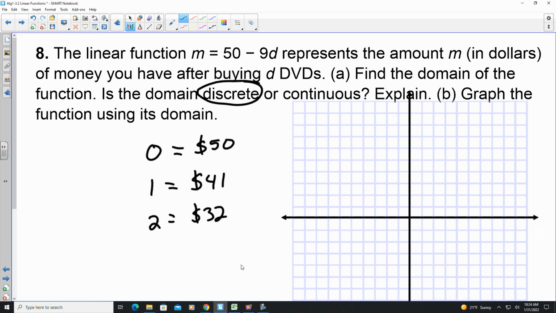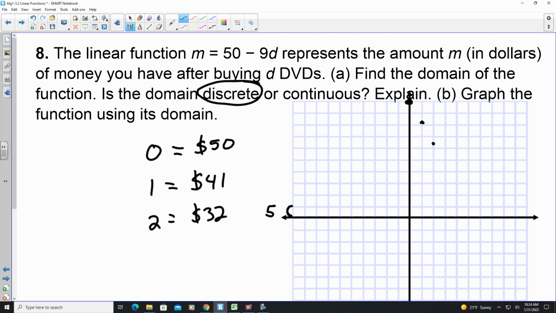And if you were to graph this again, I'll put these in units of 5. So I got 5, 10, 15, 20, 25, 30, 35, 40, 45, 50. So 0 comma 50 is right there. And then 1 comma 41, 5, 10, 15, 20, 25, 30, 35, 40. Looks like 41 would be right about there. 2, 32, 5, 10, 15, 20, 25, 30.